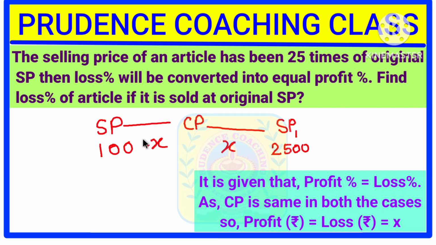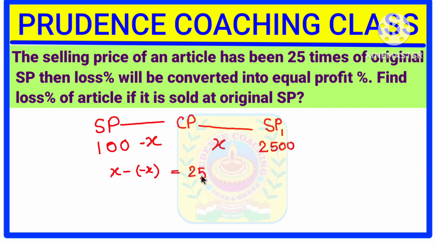Now we will find out the difference. So from this x, if you subtract minus x, then what you will get? You will get x minus, and we have minus x. This will be equal to 2500 minus 100. So let us further solve it. So we are getting over here x plus x, and on the other hand we are getting 2400.